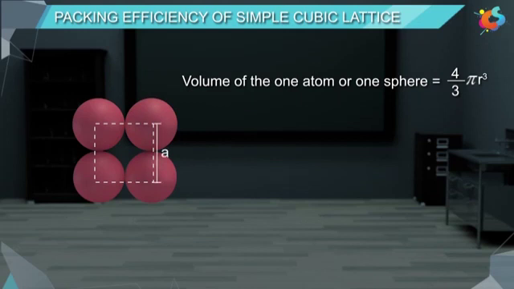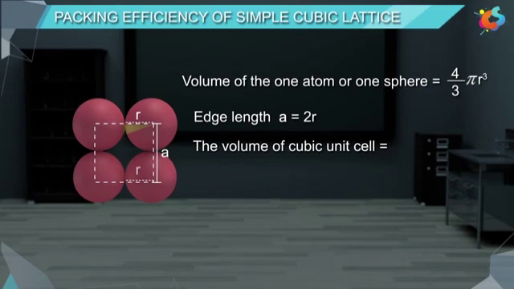Let a be the edge length of the unit cell and r be the radius of the sphere. The spheres at the corners are touching each other. Then we have edge length a is equal to 2r.